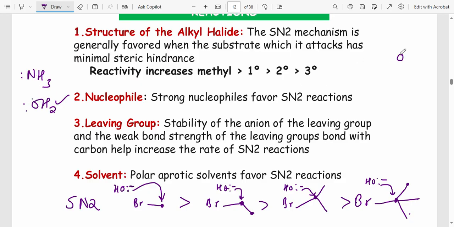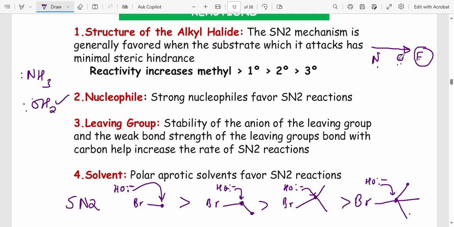Like oxygen is here, nitrogen is here, fluorine is here. Fluorine is the most electronegative guy. So the closer you are to fluorine, the more electronegative you are. Oxygen is more electronegative than nitrogen. The meaning of that is that when water loses one hydrogen to form hydroxide, the anion you are going to form is going to be much more stable than when ammonia loses a hydrogen.